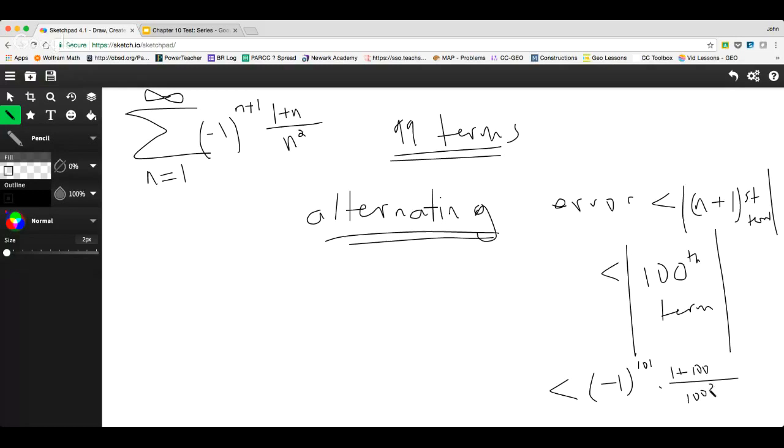Okay, that's the n plus 1th term. And so you can evaluate this in a calculator, and you'll get approximately 0.0101.